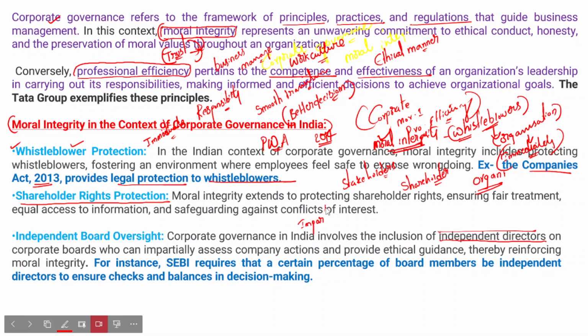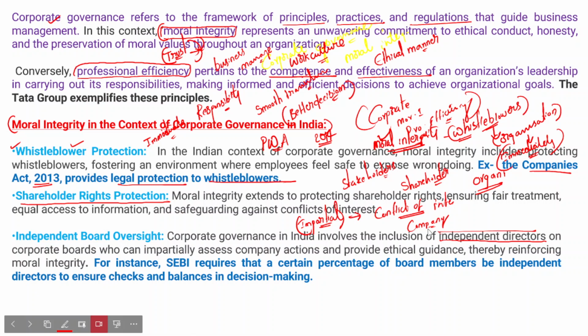When they are acting in an impartial manner, conflict of interest does not impact the overall functioning of the company. So for any company, independent board oversight is also very important.